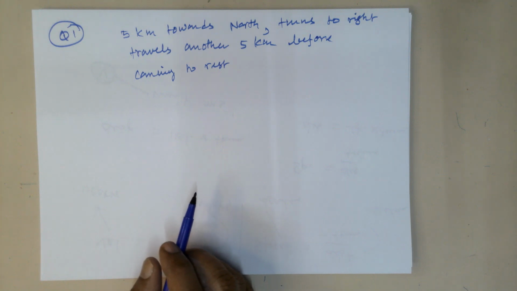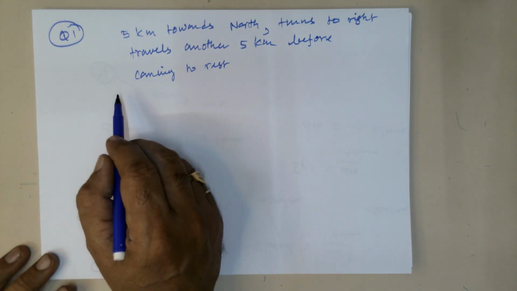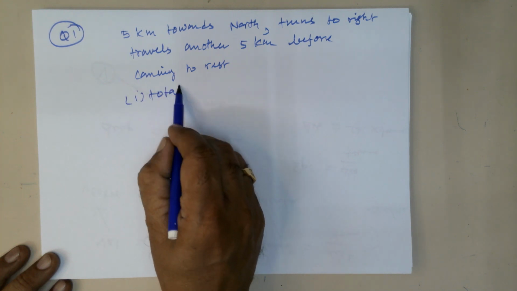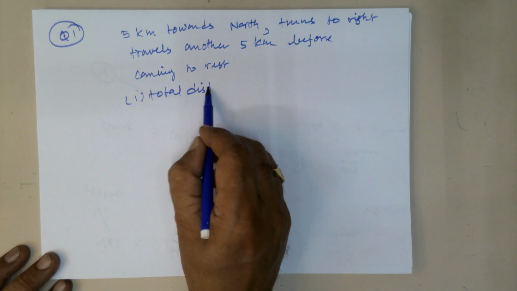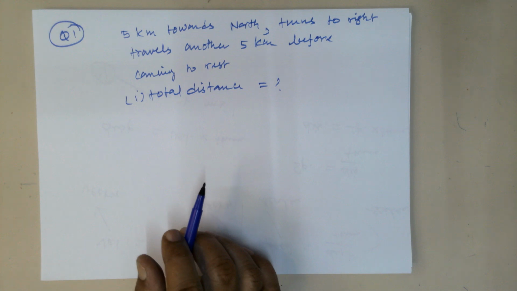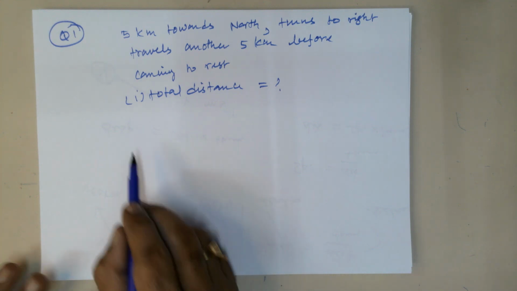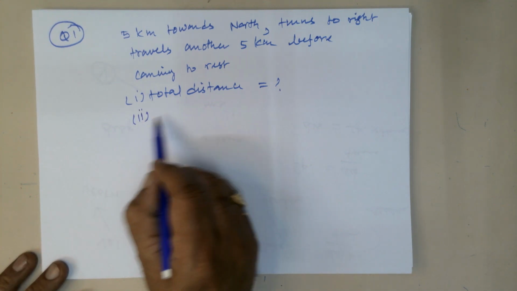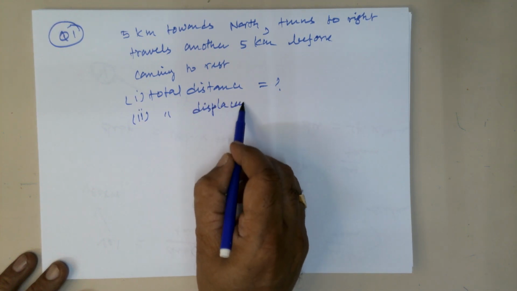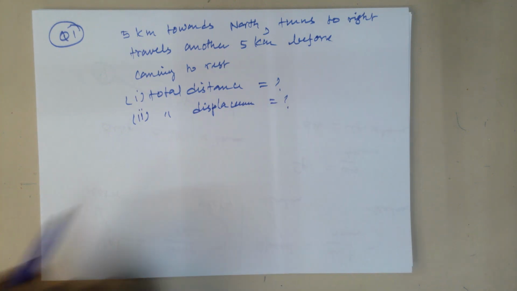Now you have to calculate the total distance traveled by the boy, and the total displacement. So you have to find out both.